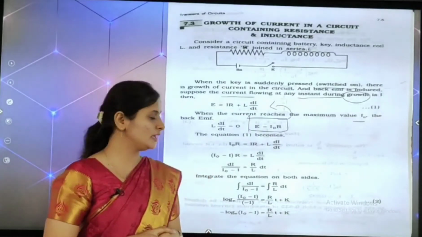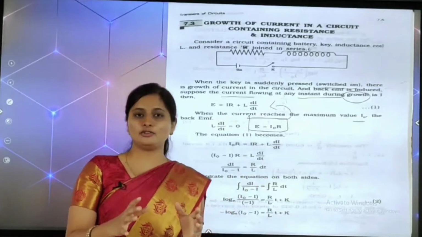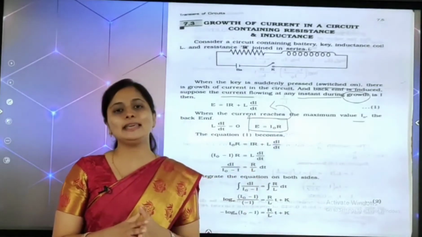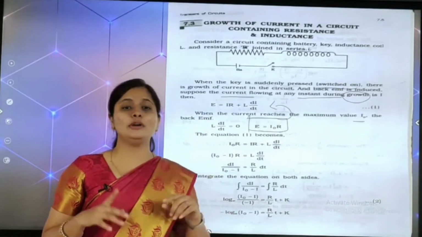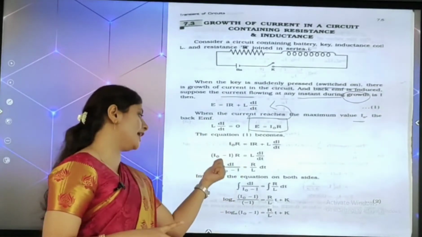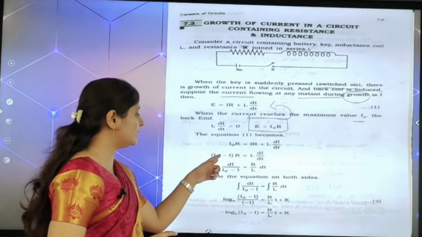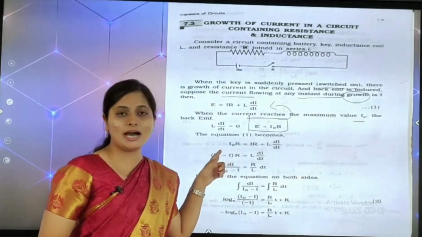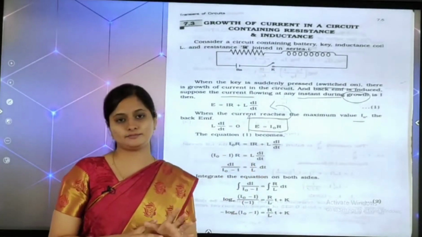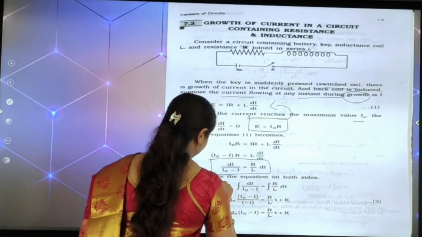Next, again we have to take it in terms of di and dt. There we took dq and dt, but here we have to take it in the form of di and dt. So we get di divided by I naught minus I is equal to R by L into dt. Okay, we get this equation.